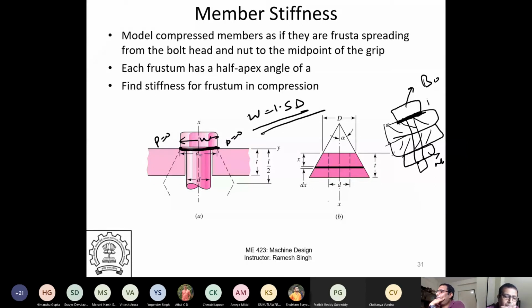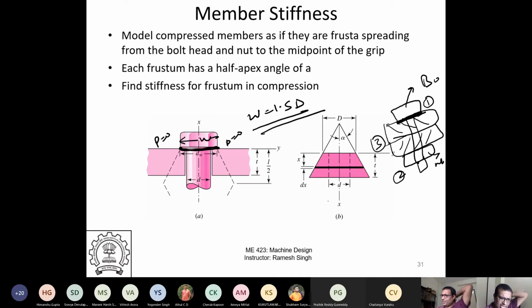Now, in this location, where would be the maximum pressure? Will it be at the top? Will it be at the bottom? Will it be at the center? Where will the maximum pressure lie? Any answers? Anybody? So I have a bolt head and I have a nut. I've tightened it, right?